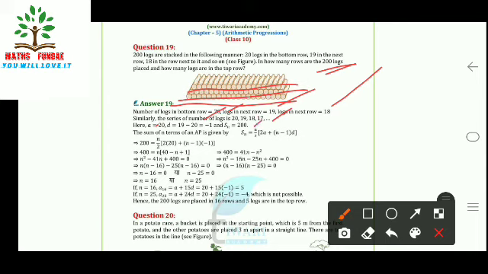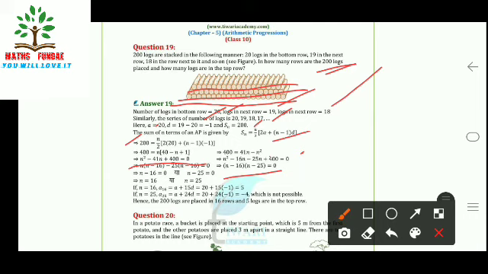The sum of n terms of an AP is given by Sn is equal to n upon 2 into 2a plus n minus 1 d, which is equal to 200. Then putting the values of d and a, we get the equation n square minus 41n plus 400 is equal to 0. On splitting we get two values, n is equal to 16 and 25.